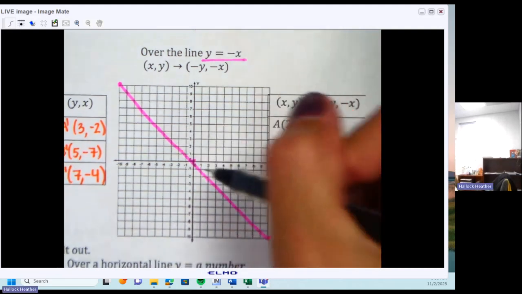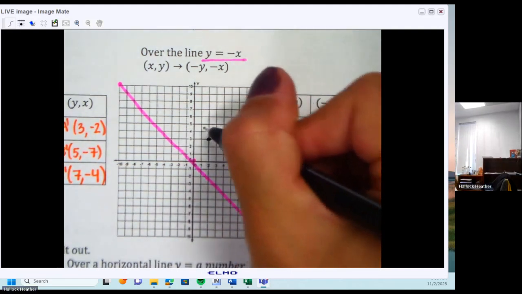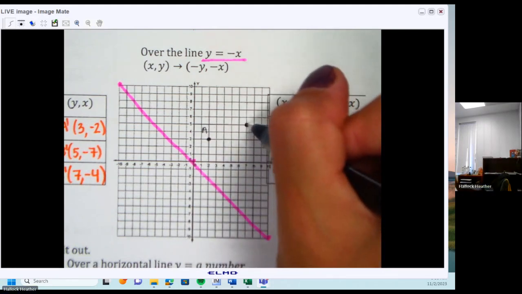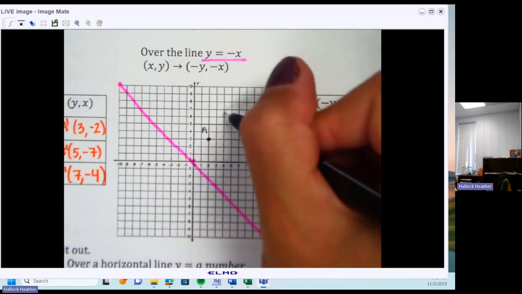My original points are (2, 3), (7, 5), (4, 7).